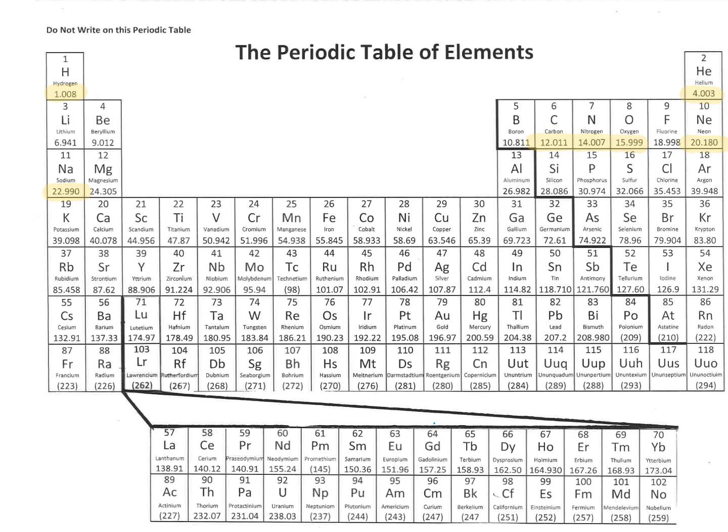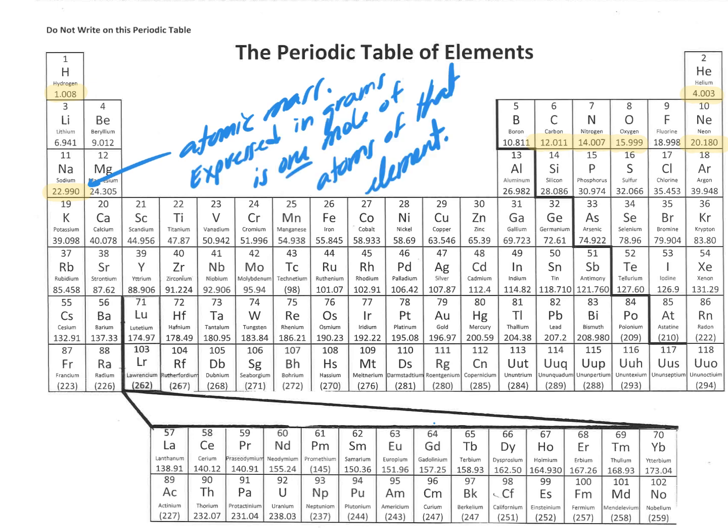In order to find the molar mass on the periodic table, we always look at this number. This number, by the way, I'll just use sodium as an example, is called the atomic mass. When you take the atomic mass and just call it grams, that represents 1 mole of atoms for that element. I'm going to say it again.